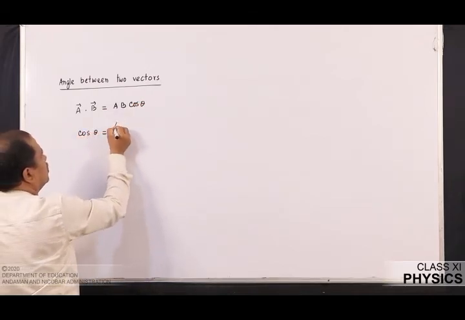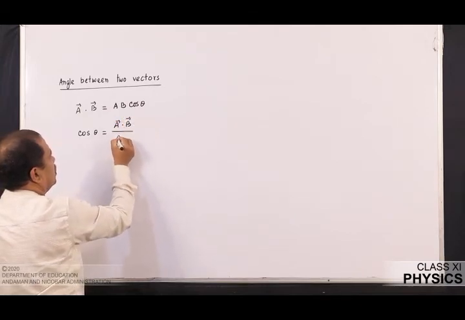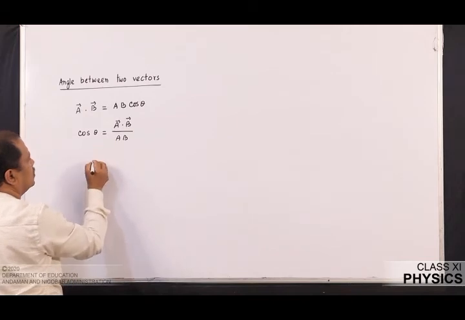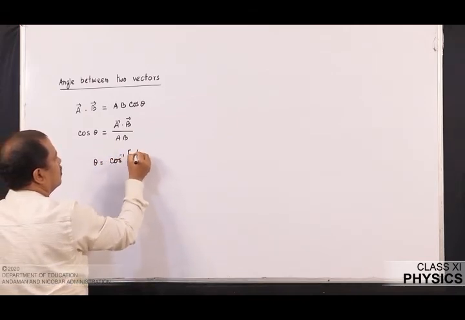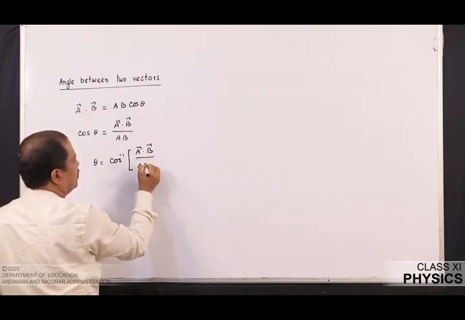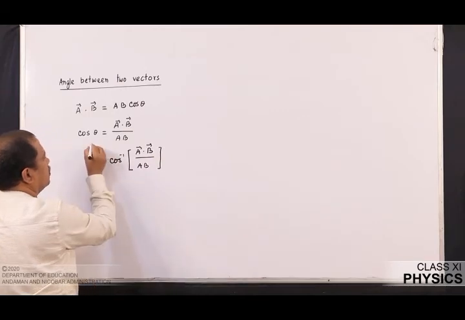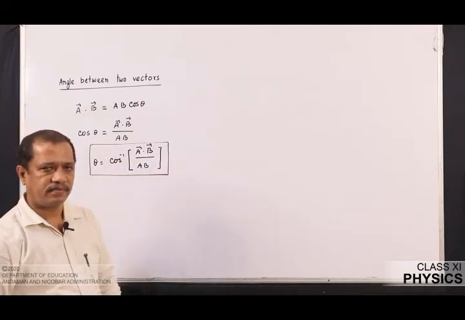So cos theta is equal to A dot B upon AB. So theta is going to be cos inverse of A dot B upon AB.